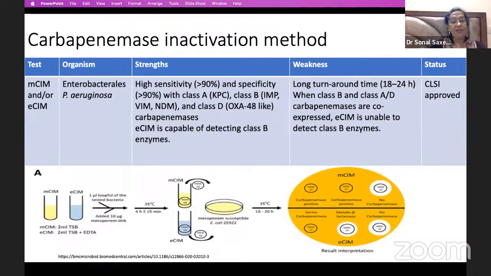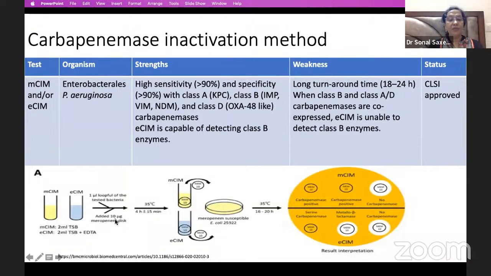What we do here is take tryptic soy or thioglycolate broth and in one tube we add EDTA. The one with EDTA added is called eCIM and the other tube is called mCIM. To this you add a standardized suspension of bacteria, a 1 microliter loopful, and you add a 10 microgram disc of meropenem and allow it to sit for 4 hours.